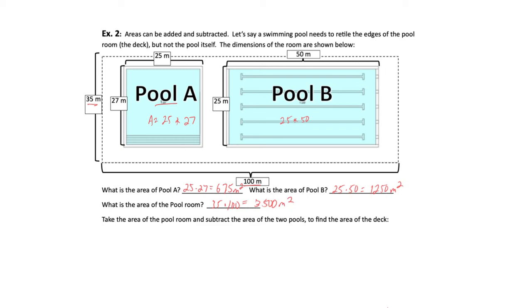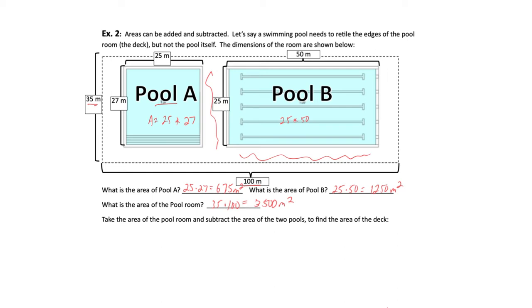All right, now the last part says we want to just find the area that we have to tile. So that would be the area of the pool room minus the two pools. So all these pieces around the pools that are inside the pool area.